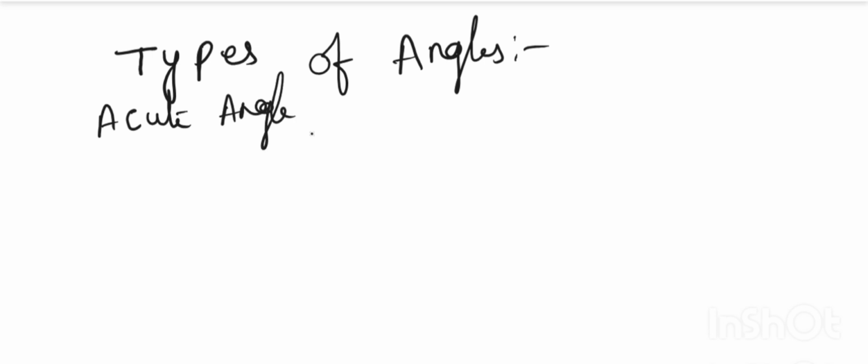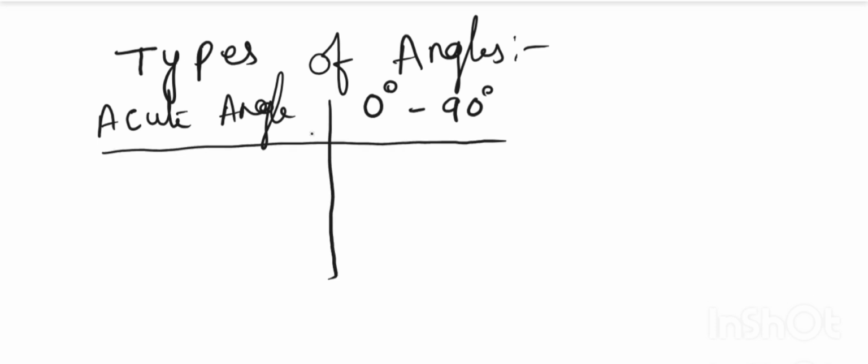Acute angles are the angles that are smaller than right angles. It is from 0 degrees to 90 degrees. These are acute angles. Okay, and a right angle, we already know, is any angle measuring 90 degrees.